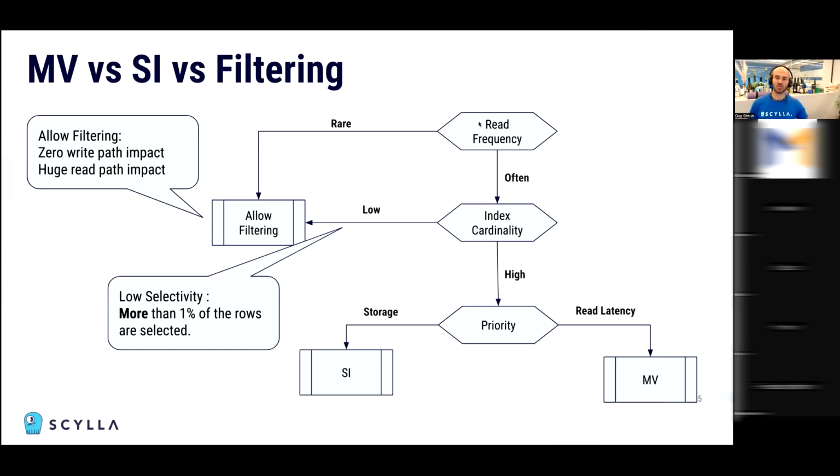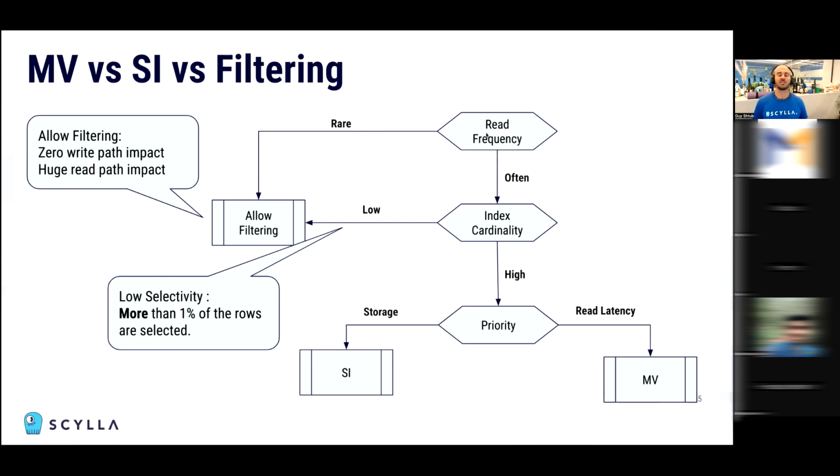Okay, so we start right here. And the first question we ask ourselves is, what is the read frequency? If the read frequency is very rare, say maybe we're doing this query once a week, and it's not very critical that we have a high performance, we can wait a bit with the results of this query, then maybe it would make sense to use allow filtering, right?